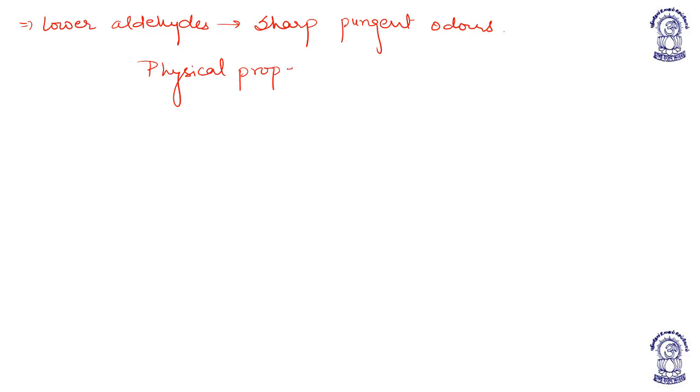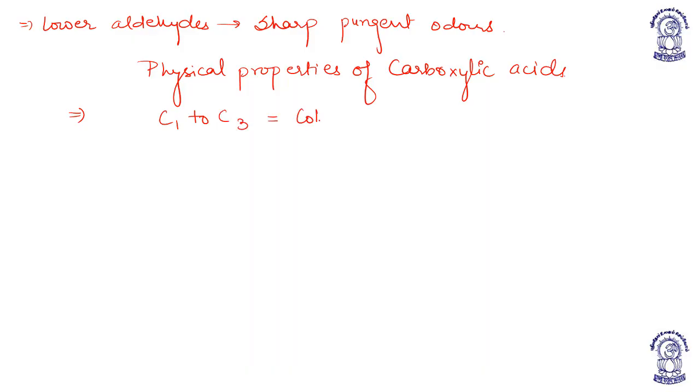Now I am going to discuss the physical properties of carboxylic acids. In carboxylic acids, the lower members, C1 to C3, are colorless, pungent smelling liquids.